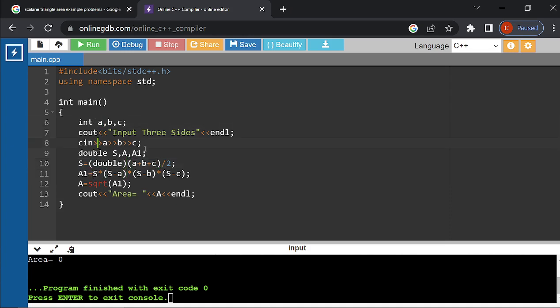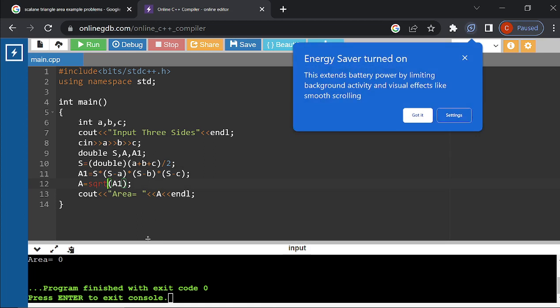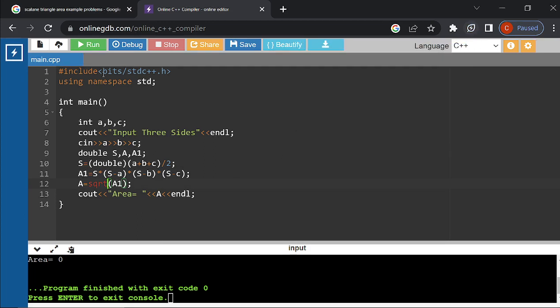Okay, now input sides. Three sides are A, B, and C. Now calculate the semi-perimeter. Then A1. Okay, I don't think there is a mistake here. Now I have written A and the sqrt function in area. Alright.